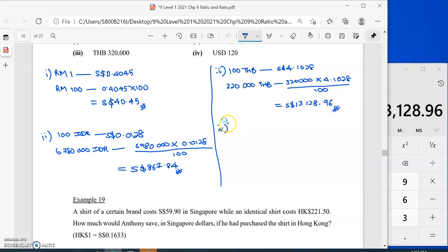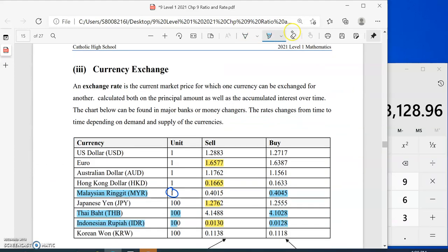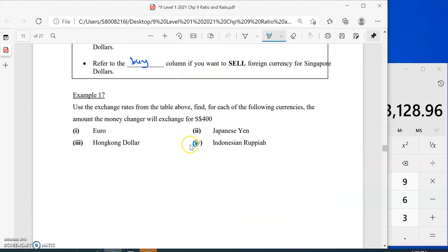And of course, lastly, US dollar, 120 US dollar. Let's check out the rate first. In US dollar, I bring my US dollar, I go to the money exchange. The money exchanger is going to buy the US dollar from me. So this is the US dollar rate. I know that the money changer will pay me 1.2717 for every 1 unit.